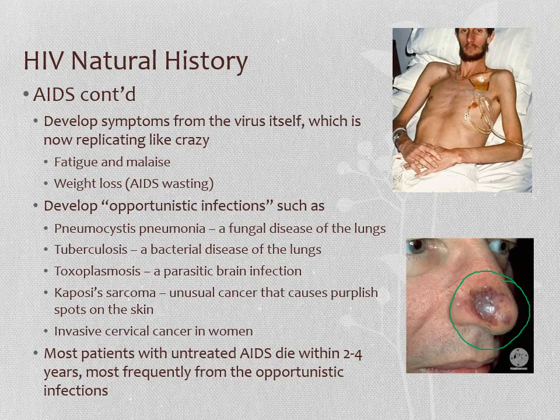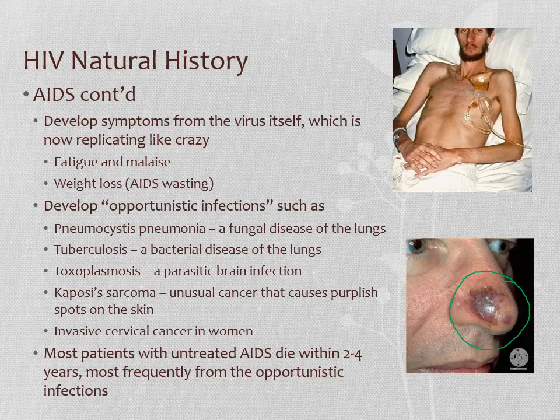And so during the peak of the AIDS epidemic, you would often see people with these lesions on their skin from AIDS. It can also predispose people to really invasive cervical cancers in female-bodied people, because your immune system is also important in protecting you from cancers as well as infections.